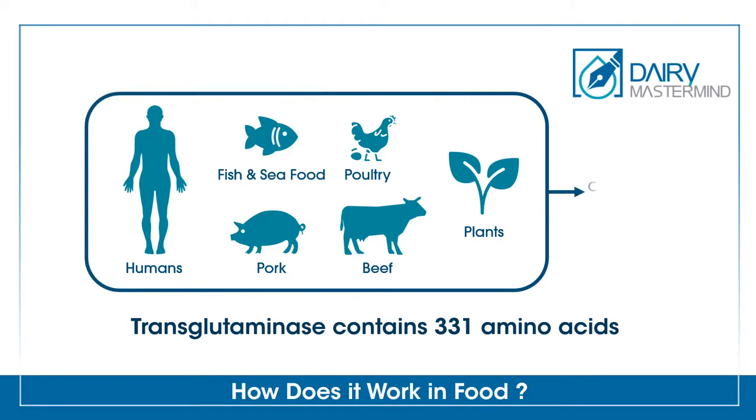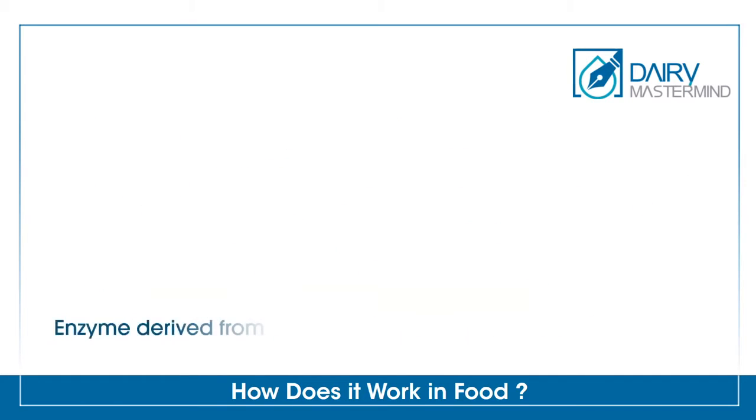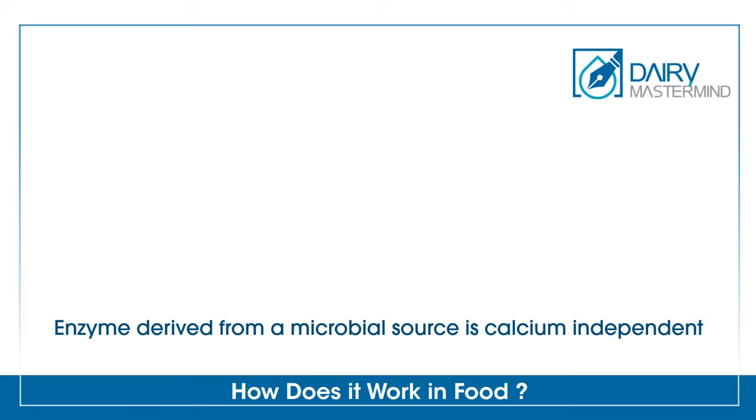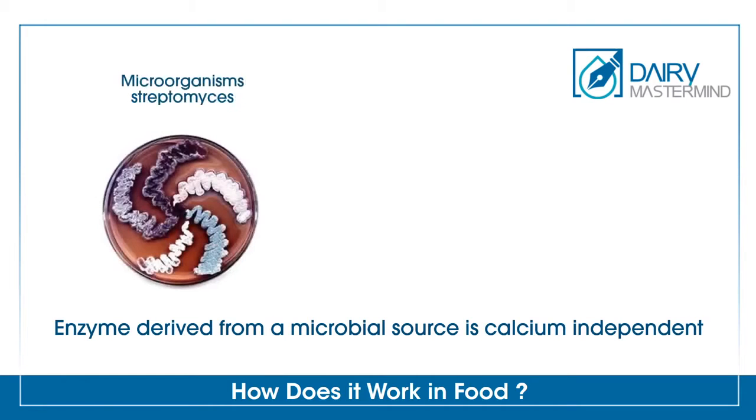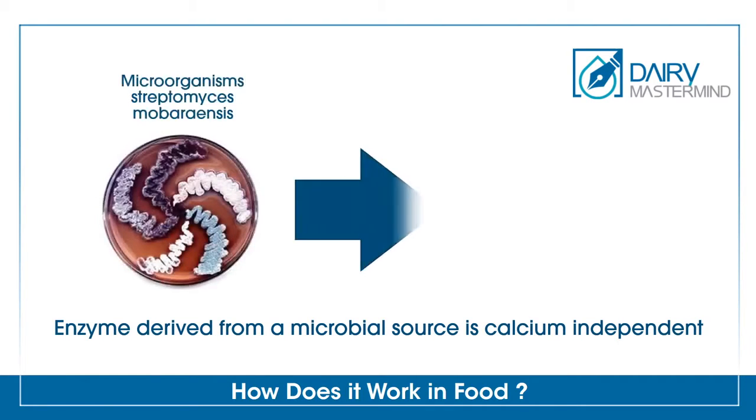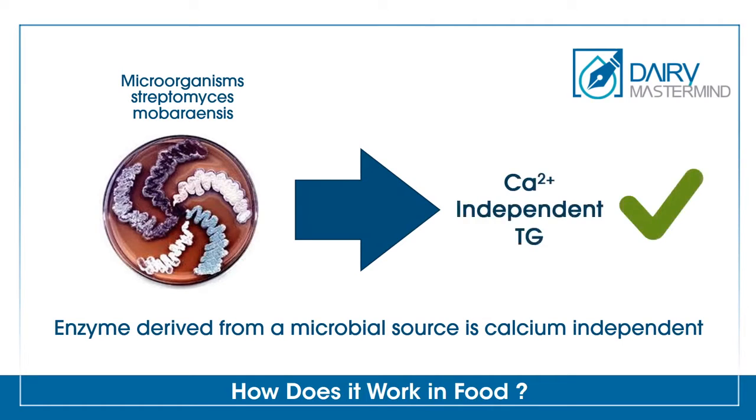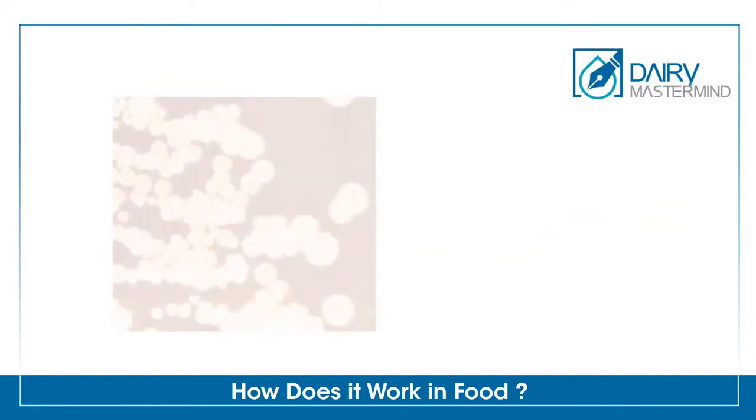This type is calcium dependent. An enzyme derived from a microbial source is calcium independent, so it is suitable for use in food applications, because foods like dairy products contain calcium, and this calcium can inhibit the enzyme activation.